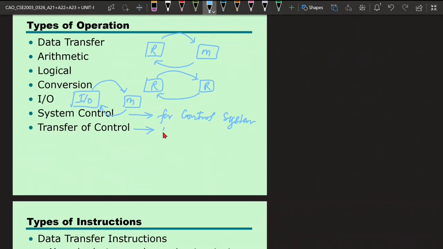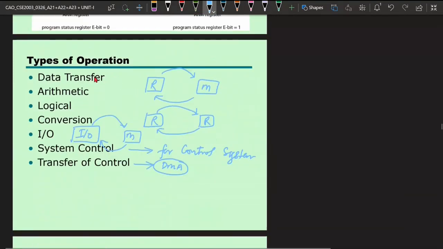These are basically used in the case of DMA, when a peripheral device wants to perform some operation by transferring the data. There the control of the CPU is basically given to the DMA. So it will be transfer of control, and for controlling the transfer there is a separate instruction. We will see all of these one by one.